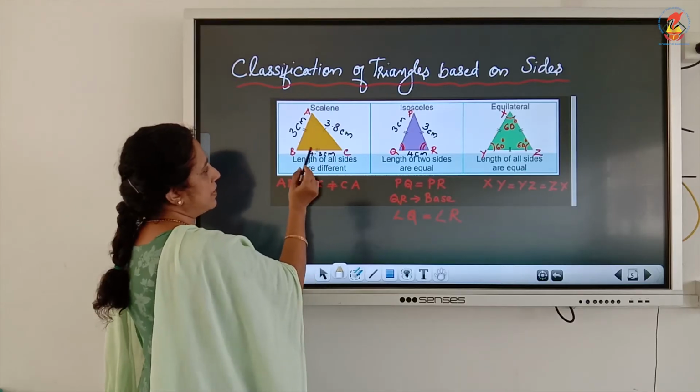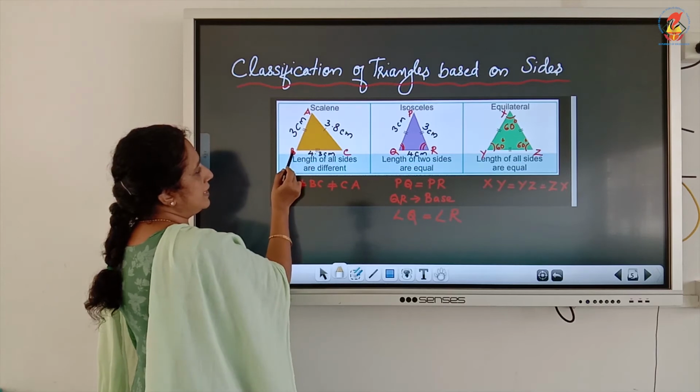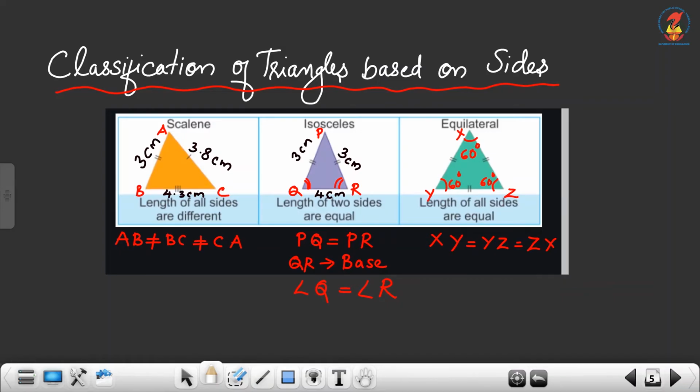The length of the side AB is 3 cm, BC is 4.3 cm and the length of the side CA is 3.8 cm. Here you can see that the lengths of all sides are different, and in that case this type of triangle is known as scalene triangle.